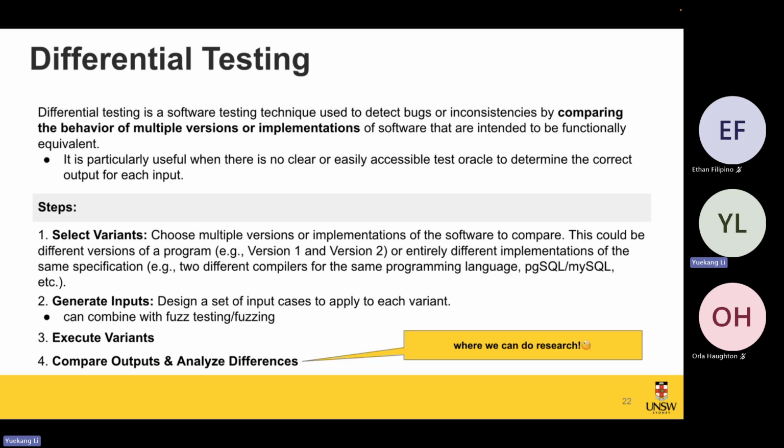Then we cannot see what's happening inside, and even if they return the same final output, there could still be some errors. So sometimes we need to instrument the program to capture some internal behaviors and compare the results. And this is very hard, so we can do some research here. So this is differential testing.